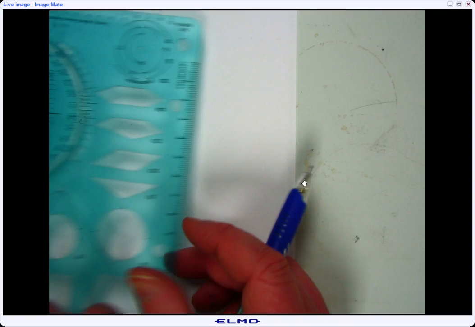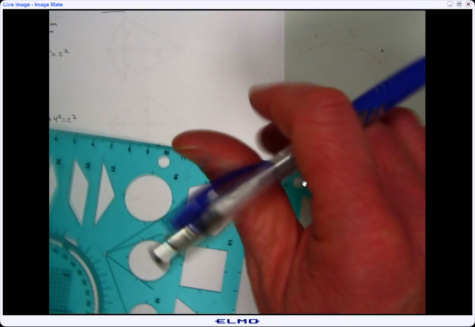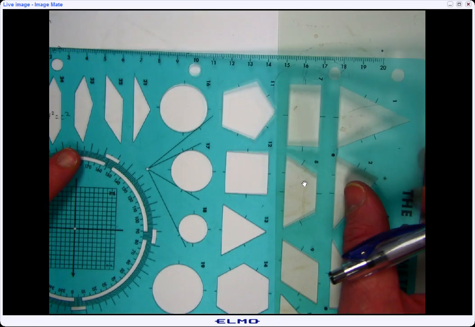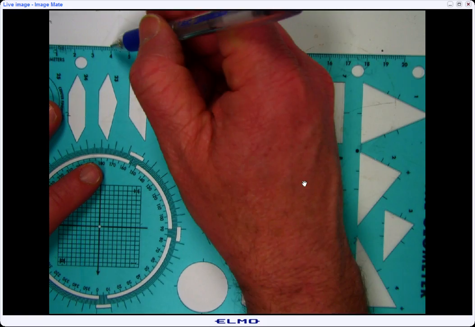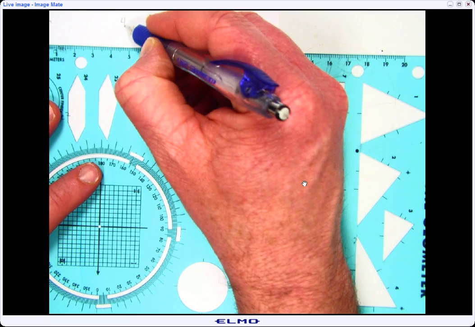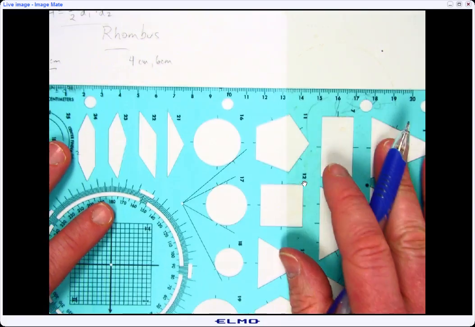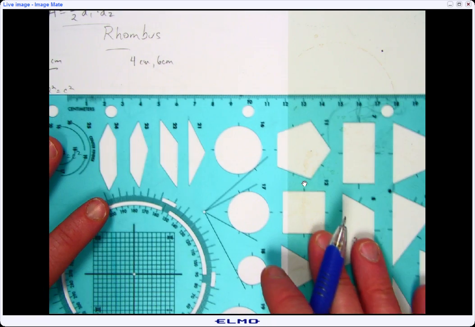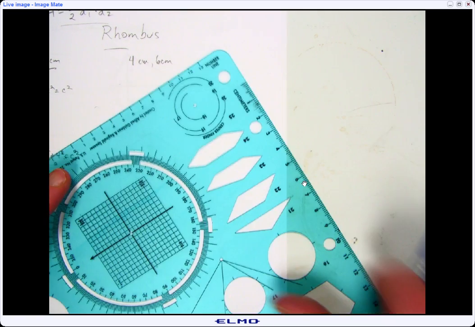For a rhombus, we also have perpendicular diagonals, but to make a rhombus is a little more complicated. So if I'm going to make a rhombus with diagonals 4 and 6, I have to think about some of the things that are going to have to end up congruent. So if I go ahead and make my side that is 6, get down this way.